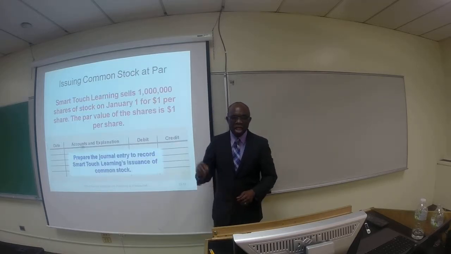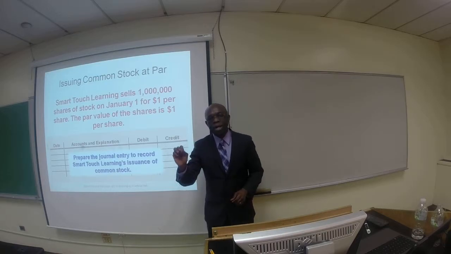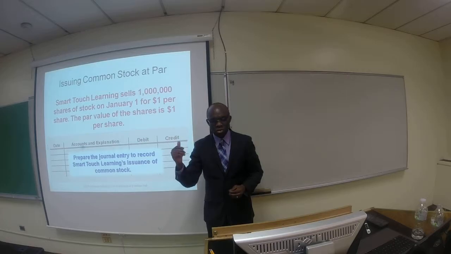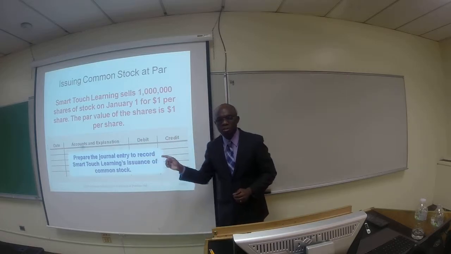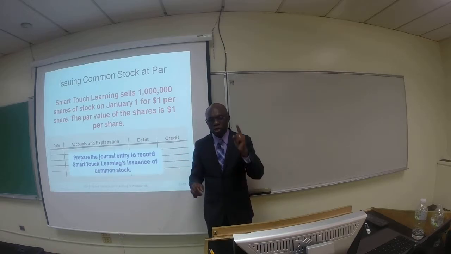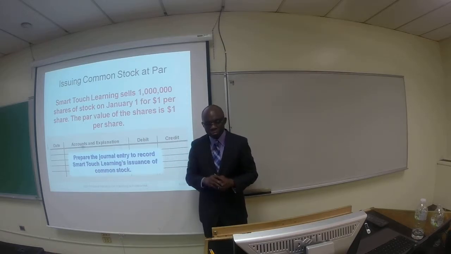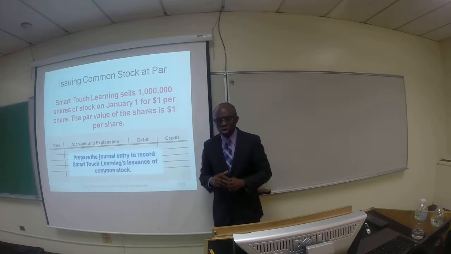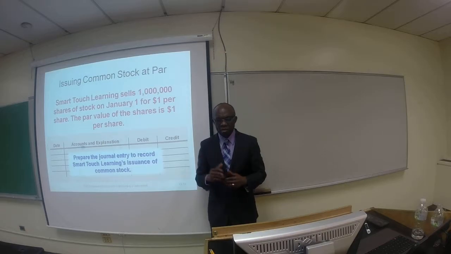So moving along, let's take a look at how we record a stock issued at par. What does that mean? In other words, we are selling the stock exactly at par value. So in this example, this company sold 1 million shares of stock on January 1st for $1 per share. The par value of the shares is $1 per share, so the par value and the selling price are the same.